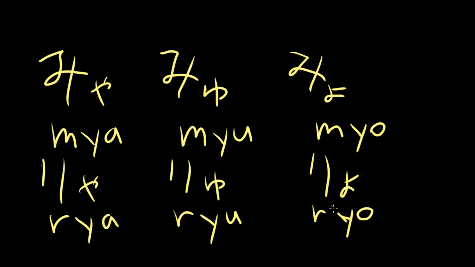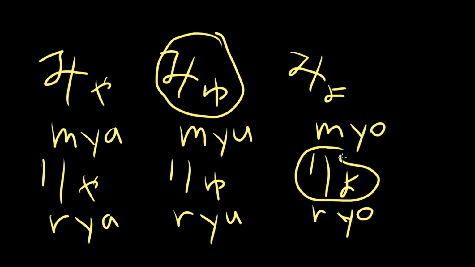Now remember, these should only take one syllable. So this, for example, should be a single syllable, mu. But when I'm saying ryo, it's hard for me to not say it using two syllables. But for Japanese people, they would say ryo as one syllable. I'm almost there, but not quite.